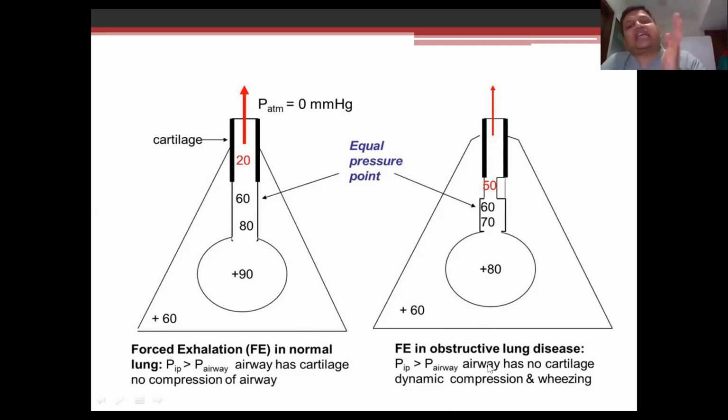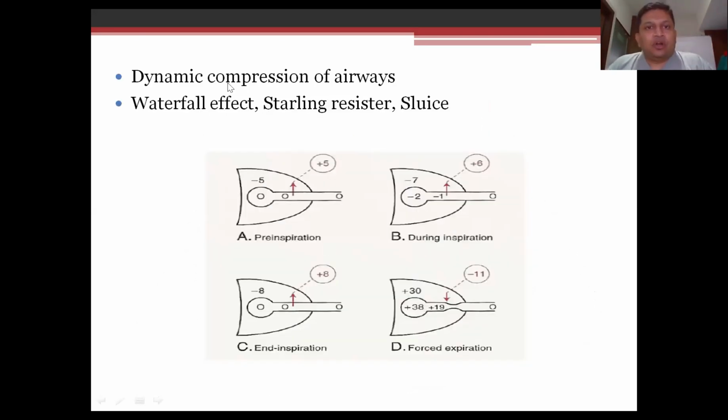With each expiration, because of this dynamic compression, some amount, say 10 ml of that air, remains inside your lung, and your lung will expand. So in an X-ray of obstructive lung disease, we see an expanded lung, because the same amount of air cannot go out because of this dynamic compression of the airway. It is also called the waterfall effect, Starling resistance, or sluice.